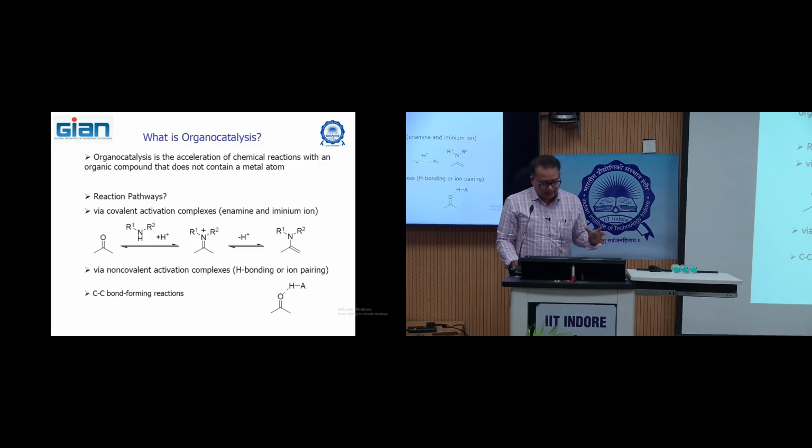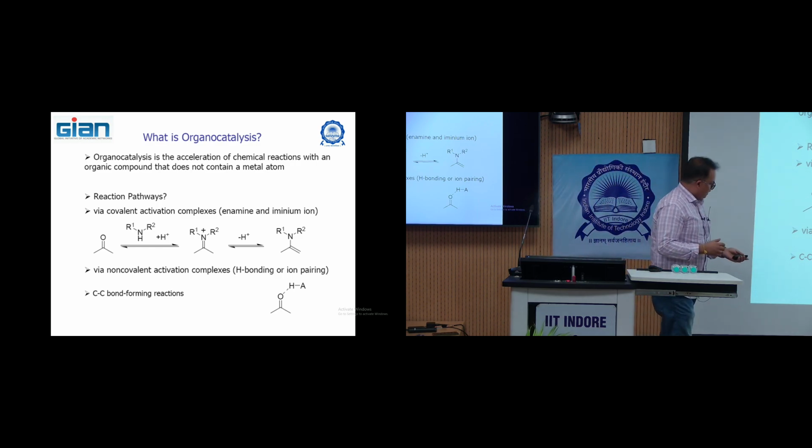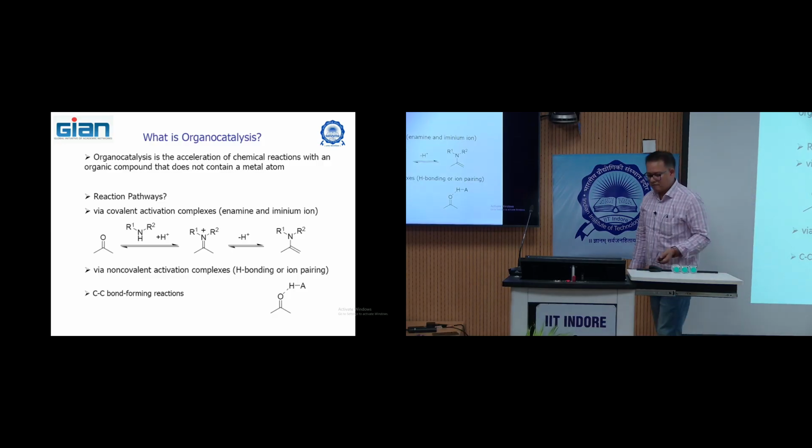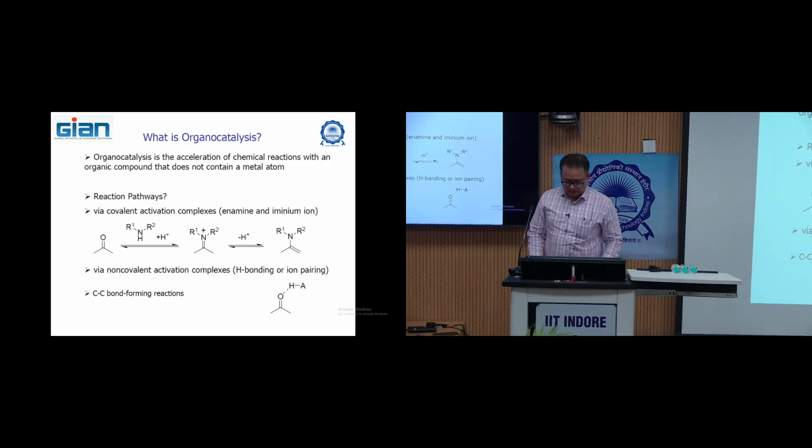This happens through non-covalent activation complexes, basically hydrogen bondings or ion pairing, and most importantly, it generates a C-C bond forming reaction. If there is a carbonyl, there is an activation of proton, and then it further generates a carbon-carbon bond. This is where we achieve an organocatalyzed C-C bond generation.